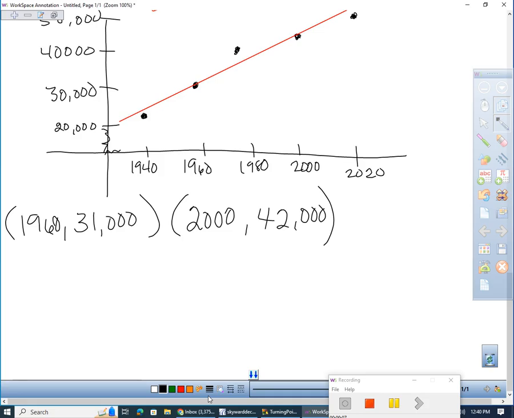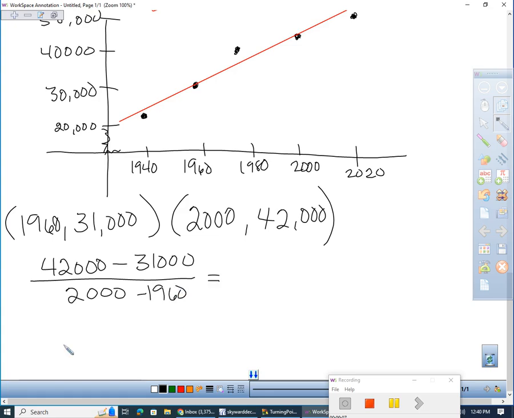It happens. It's fine. All right, so the first thing we have to do is we have 2 points, which means we find a slope, right? So y2 minus y1 over x2 minus x1.